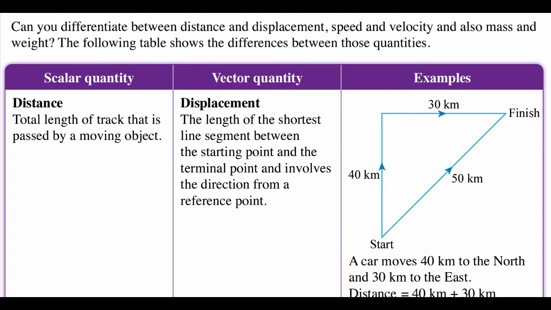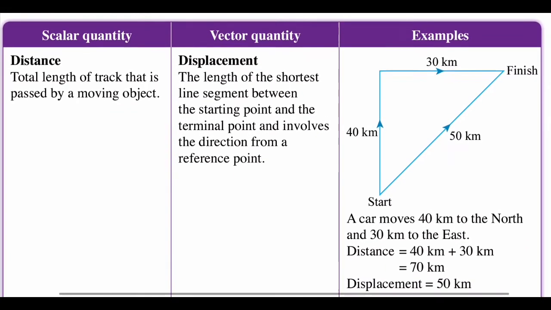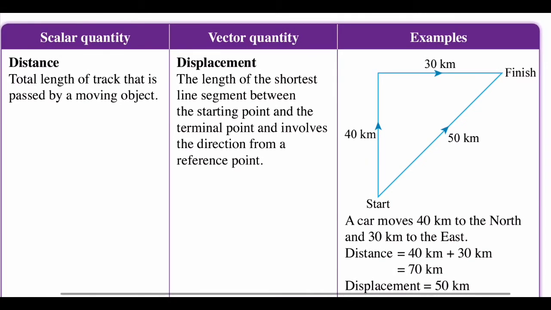So distance is a scalar quantity. Displacement is a vector quantity. It is the length of the shortest line segment between the starting point and the terminal point and involves the direction from a reference point. So let's see the example given.